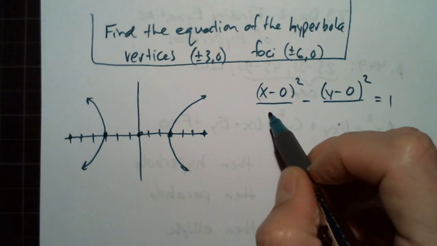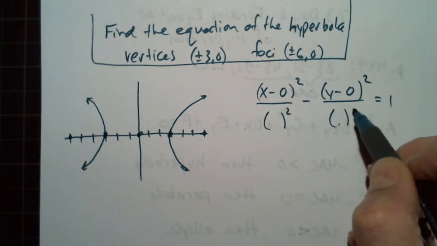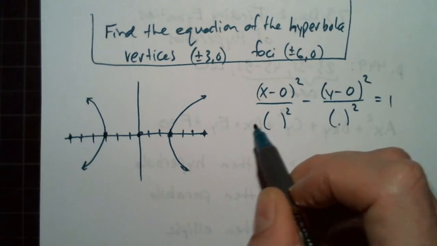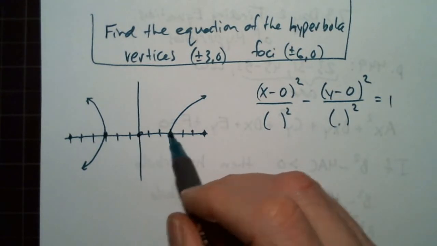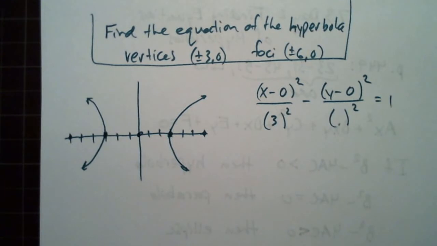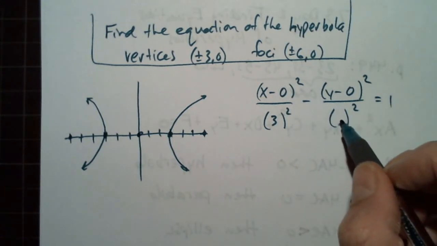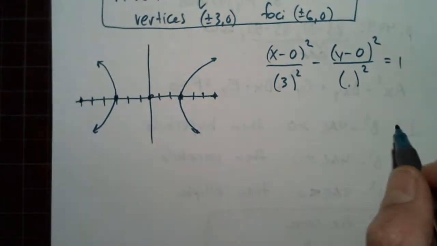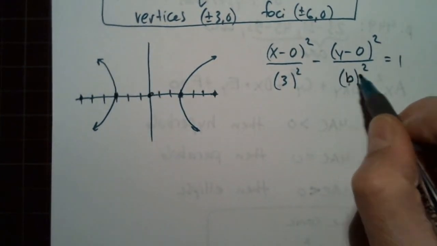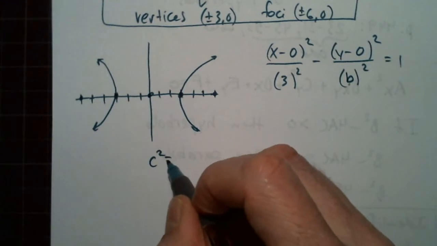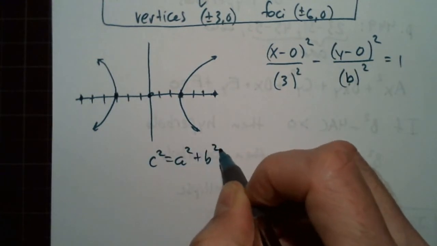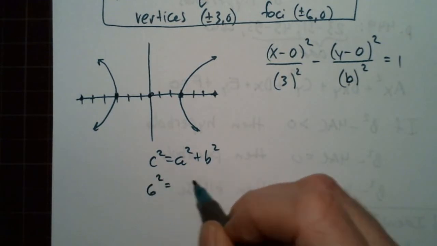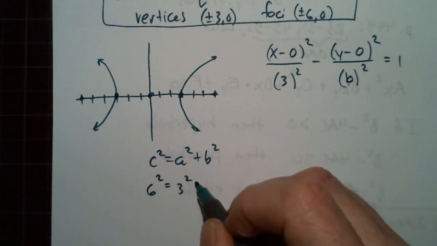And the number under the x is the horizontal distance away from the center. So this is 1, 2, 3, and we know that's going to be there, and we need to find this. Let's use the foci to find this, and we'll say that's b. So c squared equals a squared plus b squared. C is 6. A is 3.